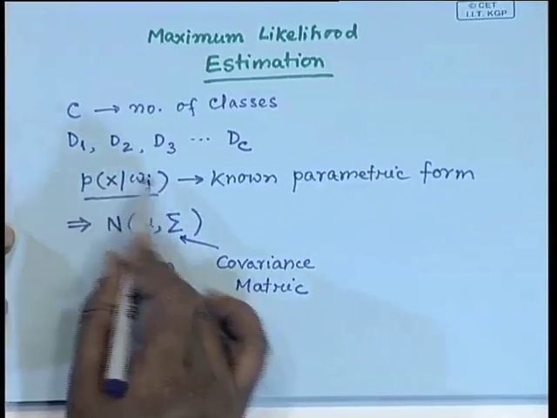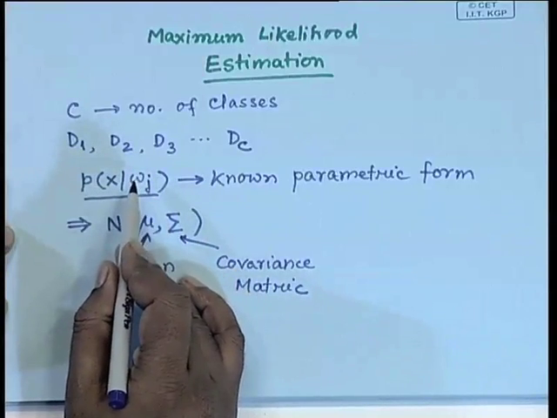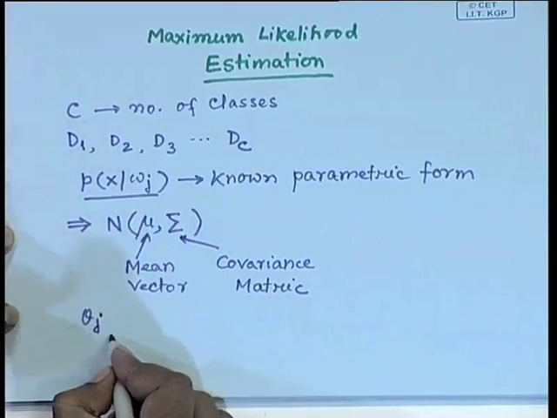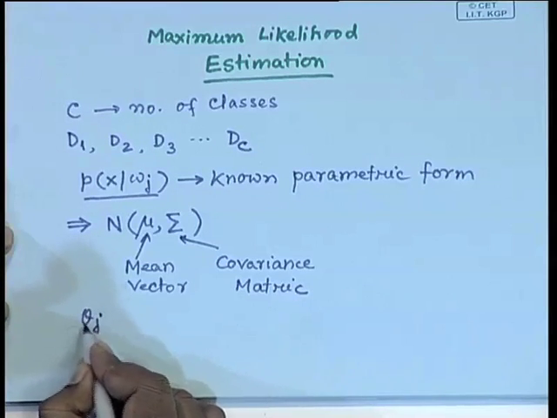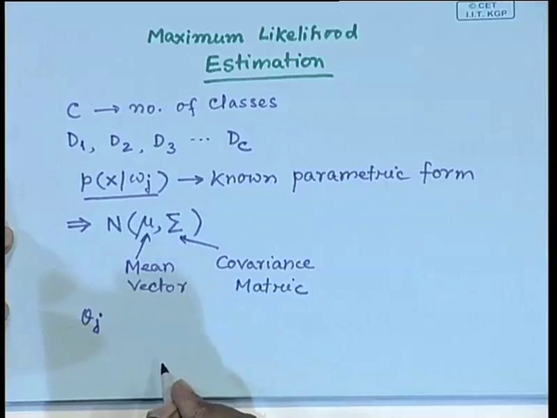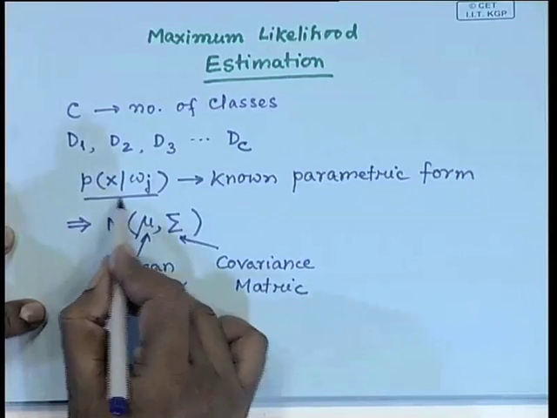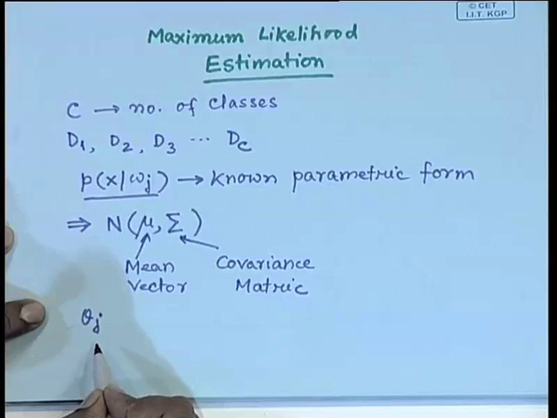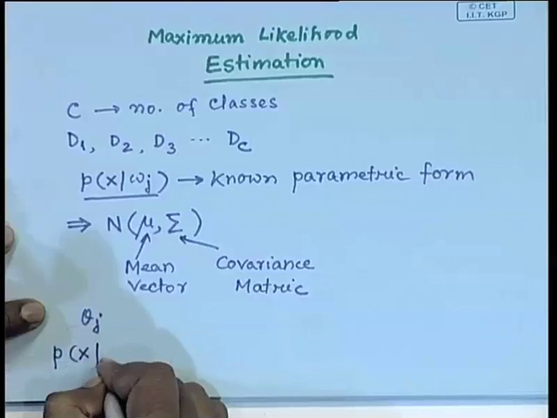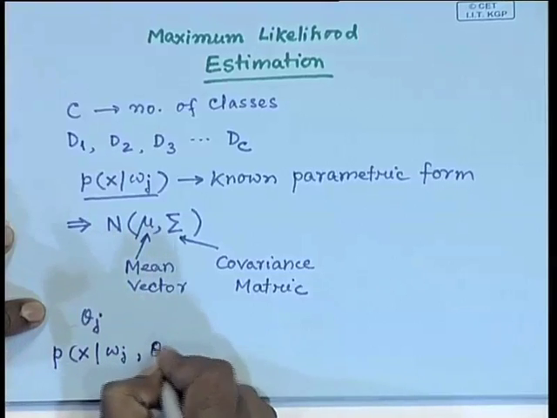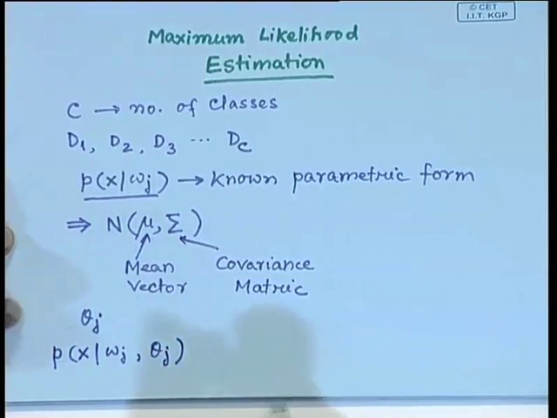So, this is my parametric probability density function. To write explicitly the dependence of this PDF on the parameter vector theta j, I can write P x given omega j, theta j. This specifies that the probability density function has the parameter vector theta j.